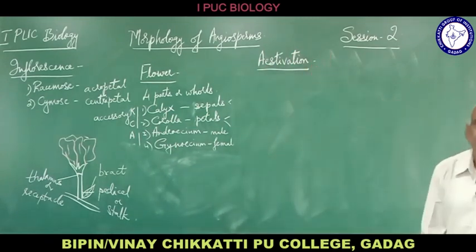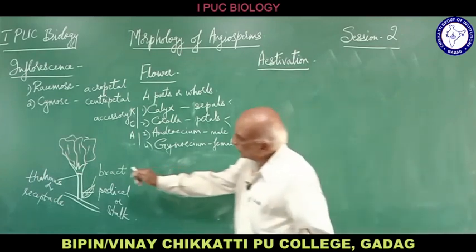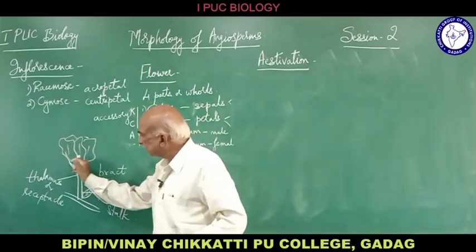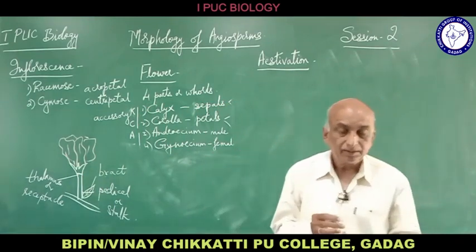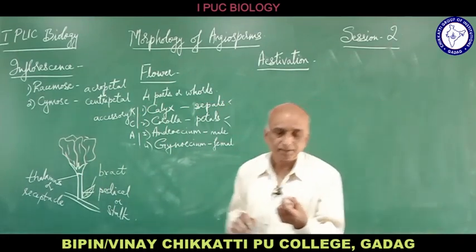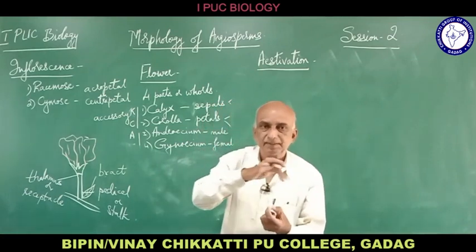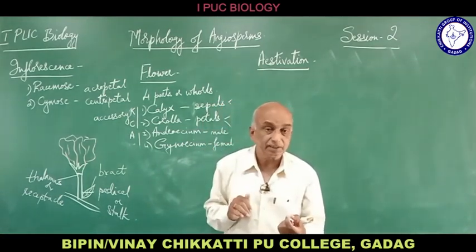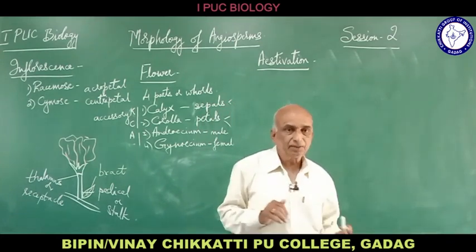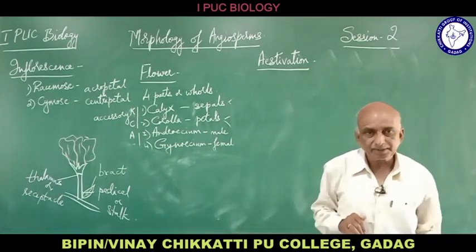Here these are the sepals, these are the petals. These petals are arranged on the thalamus. The outermost is the sepals, the calyx, inner to that the petals that constitute the corolla, and inner to that the androecium and gynoecium, which we will be studying.